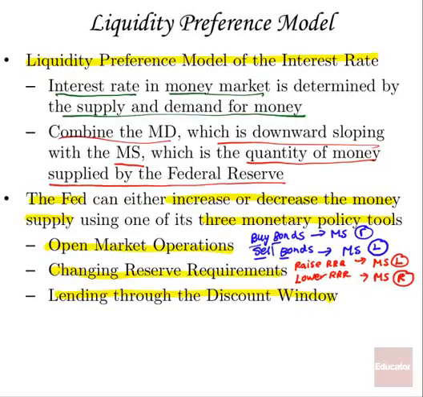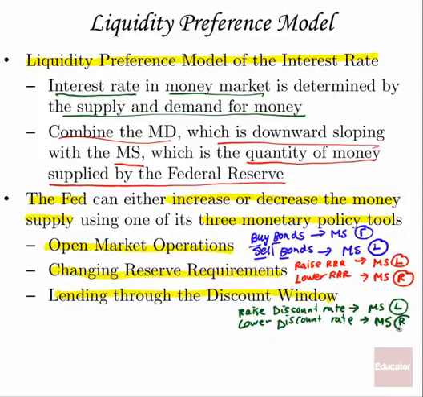And then finally, lending through the discount window: if they raise the discount rate, the money supply again shifts to the left. If they lower the discount rate, then the money supply is going to shift to the right. Again, these are the three conventional monetary policy tools that the Fed will use to alter the interest rate.